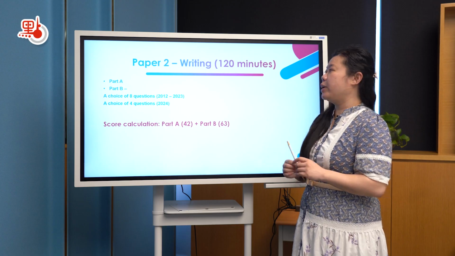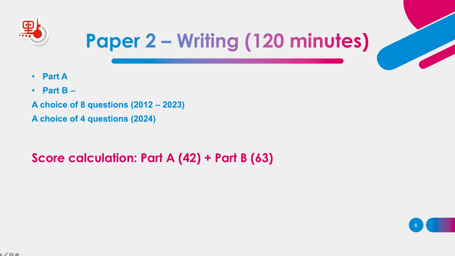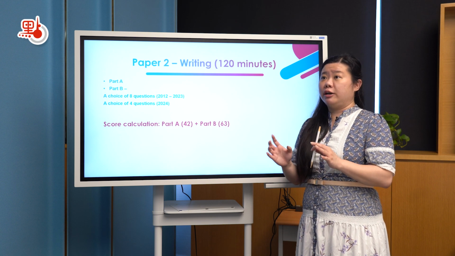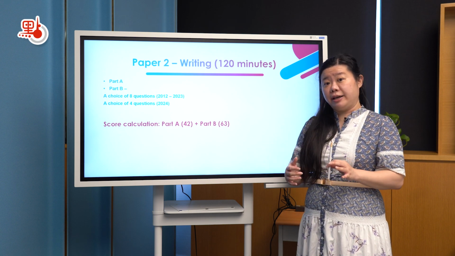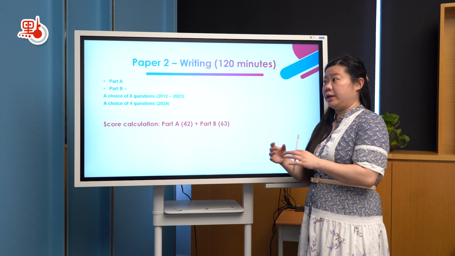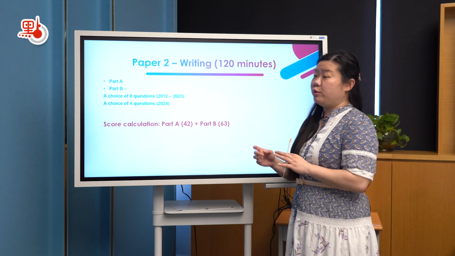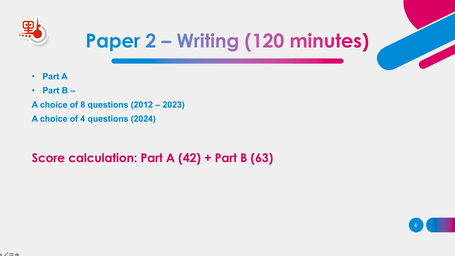You have 120 minutes for part A and part B. For 2012 to 2023, you will have 8 questions to choose from. They're linked to the electives of the English learning curriculum. But from 2024 onwards, they will be delinked, and you only have 4 questions to choose from.